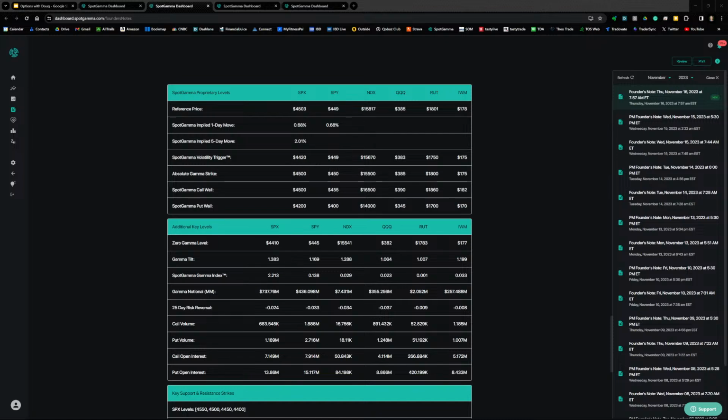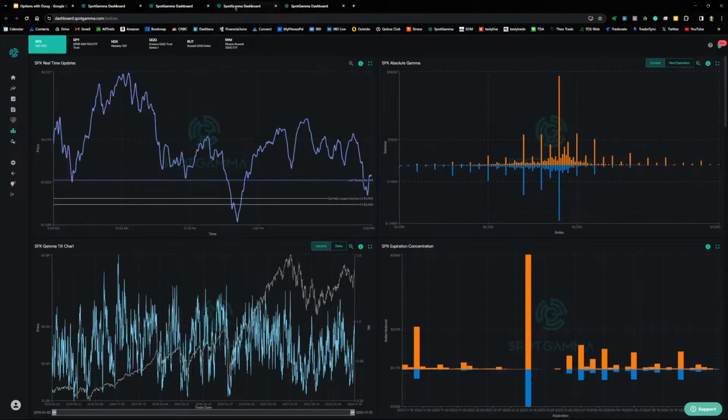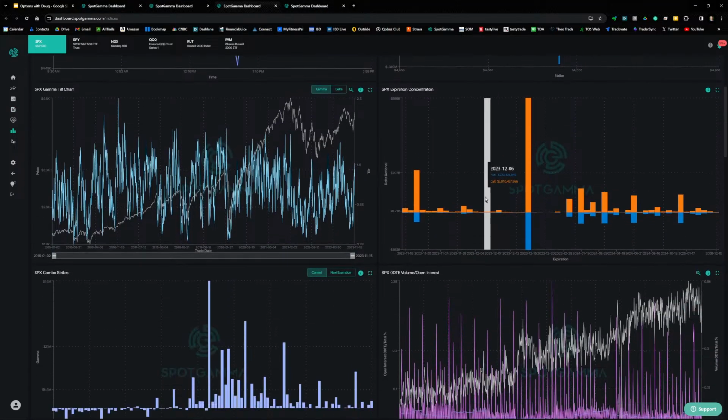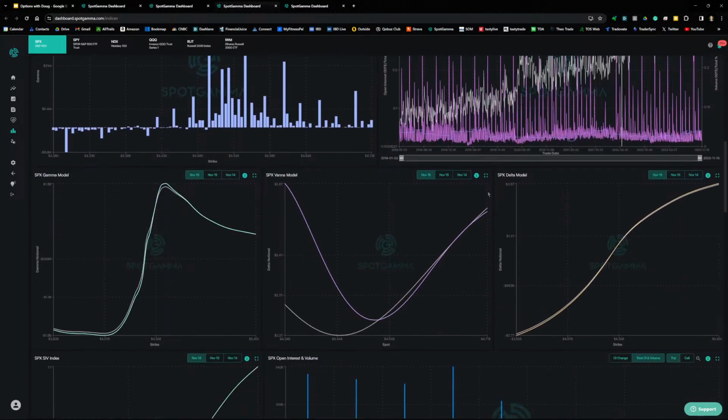All right, so that's gamma notional for today. At the beginning of the day, positive for all S&P 500, NASDAQ, and the Russell 2000. All right, let's take a look at the Vanna model now to get a graphical illustration of what that means.